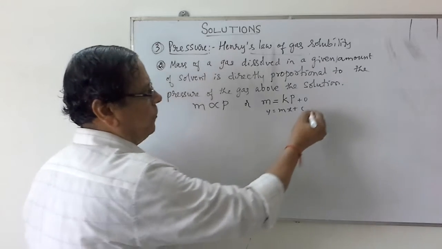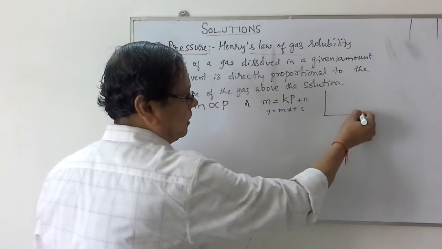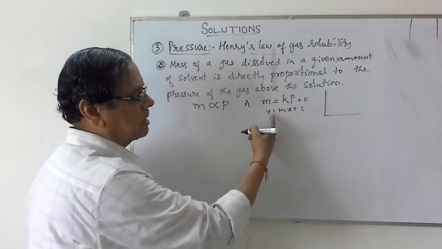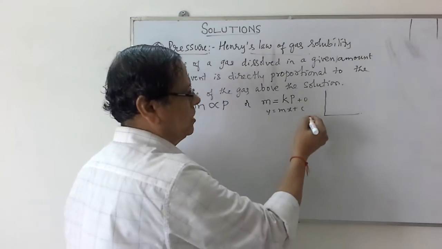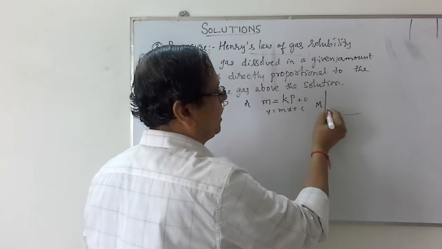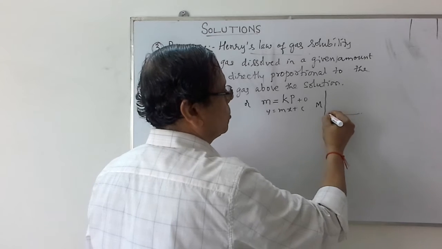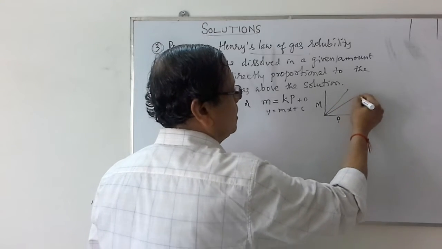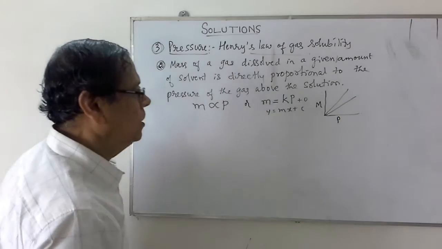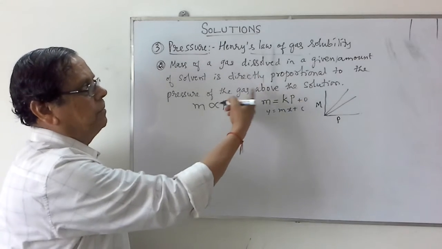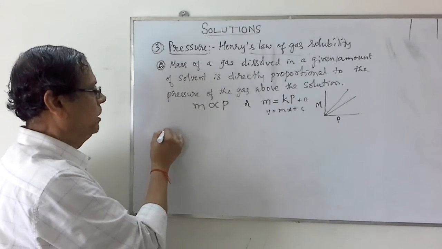So when you draw the graph of mass versus pressure, it must be a straight line passing through the origin. Here you take the mass of the gas, here the pressure of the gas. They will increase with increase in the pressure. So that is one statement for Henry's law of gas solubility.